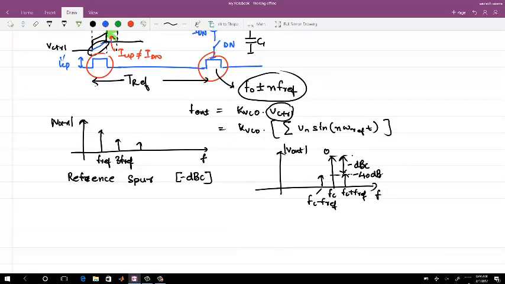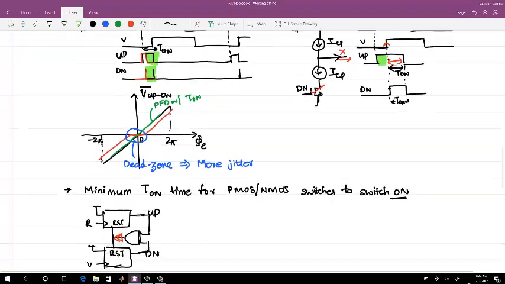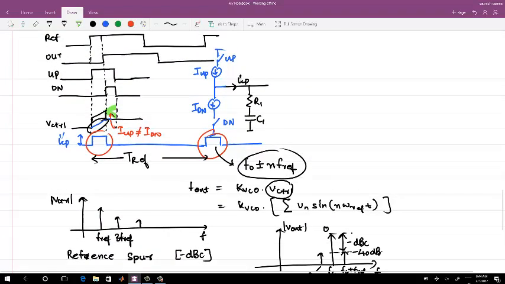We cannot just let it go as such. Okay. So how can we control the reference spur? Let me ask the question again: we are injecting an ICP into R1 and C1.